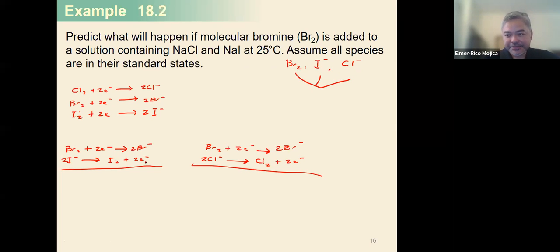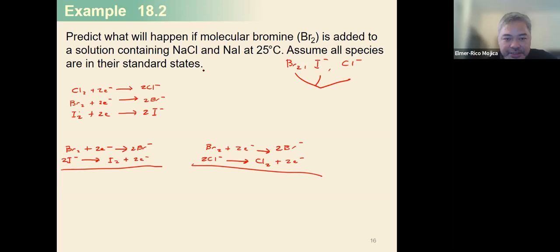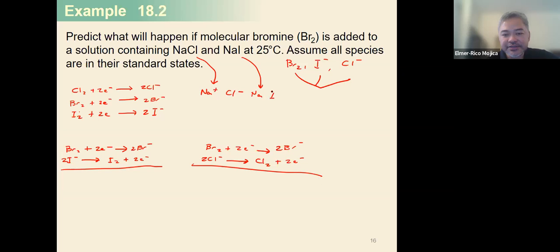Did you get it? Anyone? So Professor, just so I understand, if it was chloride that was added and it was, let's say, sodium bromide, then chloride would be reacting. Yeah, because what happened here is this one will dissociate to give you Na plus and Cl minus. And this one will give you Na plus and I minus.